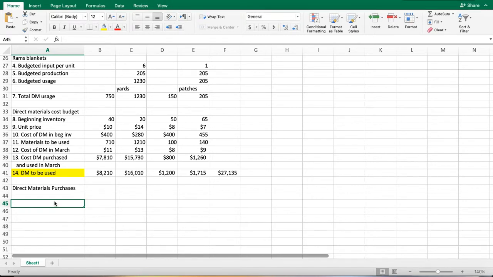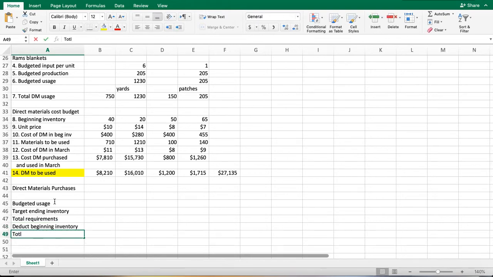Okay, so the direct materials purchases budget, we're going to start there. We have our budgeted usage, and we have our target ending inventory. We have our total requirements, and we deduct our beginning inventory.